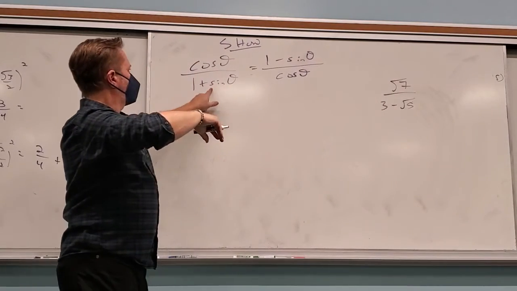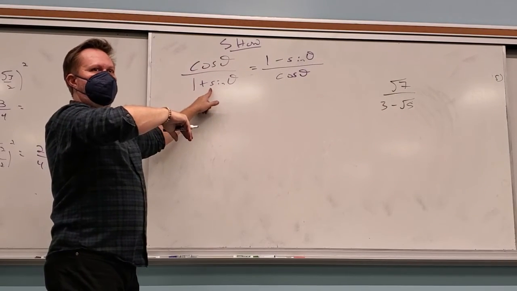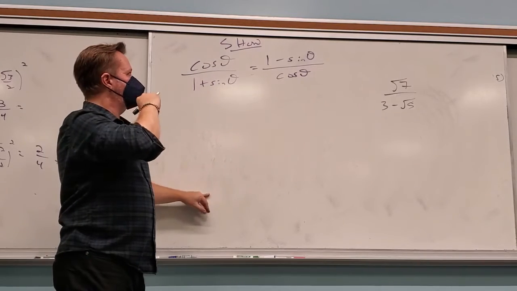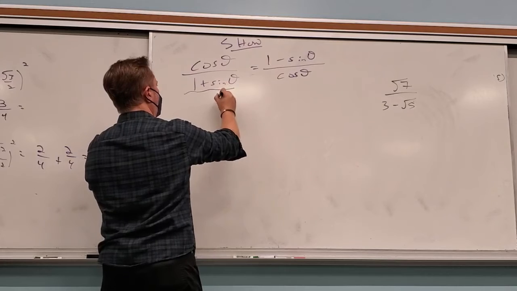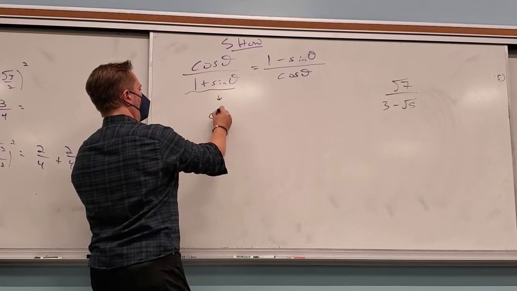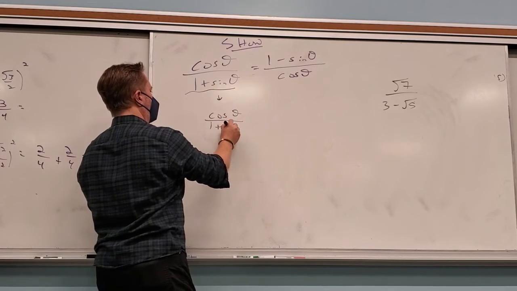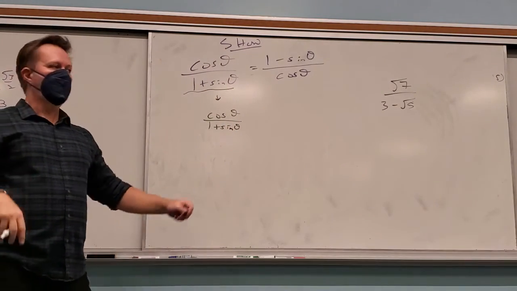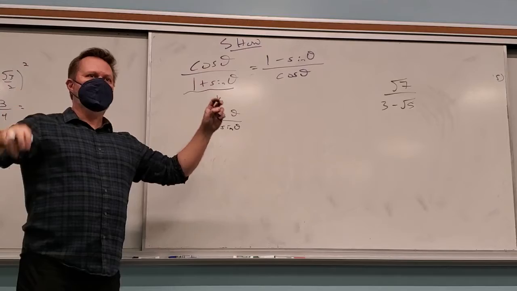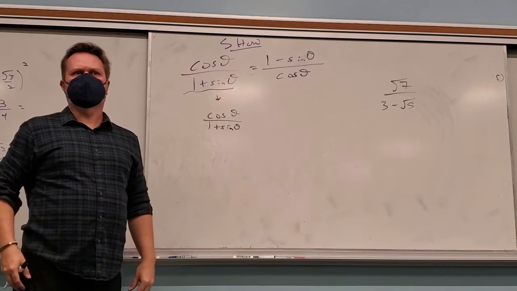So look here. Let's look at this side, and I want you to see why. There's two reasons why I'm going to do this. So I'm going to start with this side. What am I going to do? You're going to see why this works here. What is the conjugate of 1 plus sine theta? 1 minus sine theta.